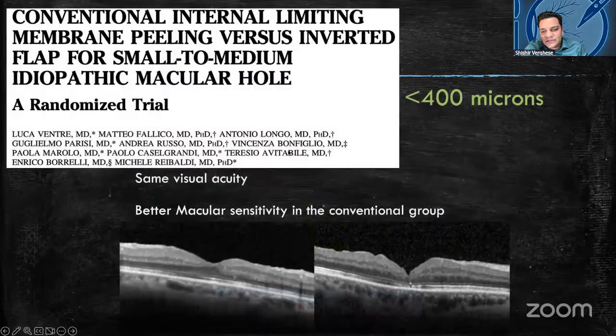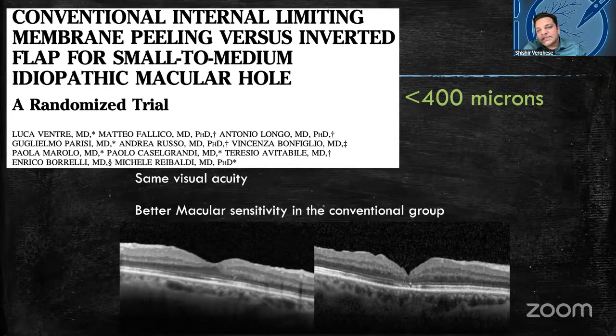If you look at the comparison between a conventional peel and the foveal sparing peel, most of the studies say that for small to moderate size holes, you can prefer a conventional peel because the visual acuity between both the groups remains the same, and the sensitivity is much better with a conventional peel.